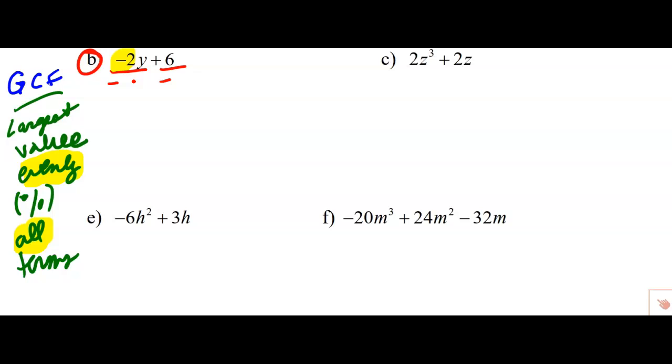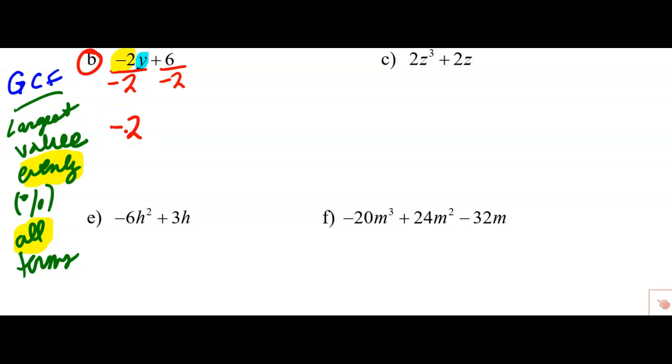I'm looking at 2 and 6, and both divide by the biggest value of 2. I do have a variable y, but there is no y on the 6, so I cannot divide y out. So my GCF is going to be negative 2.